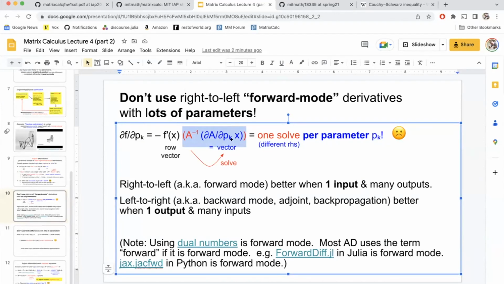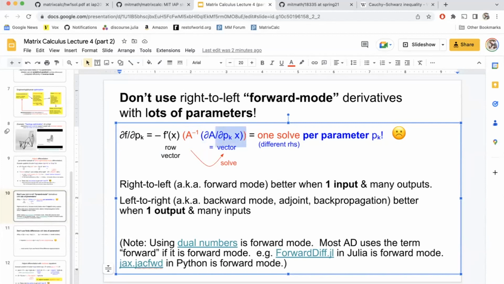For each parameter, this is a vector. And then multiplying by A inverse is a solve. It's solving a huge system of equations, right? And that's usually the expensive part of the physics. But you have one of these vectors for every parameter.